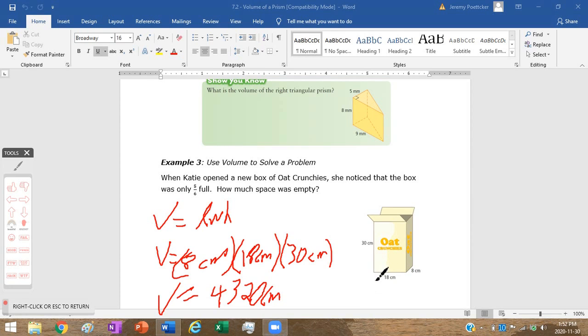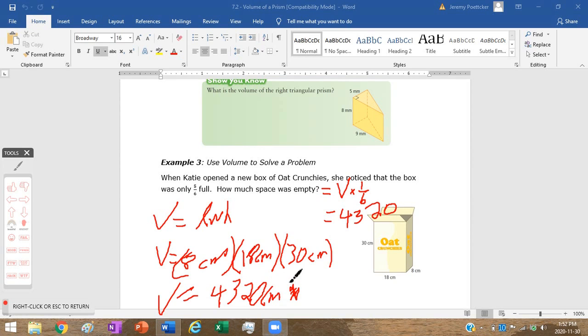But what we need to do is actually find out what 1/6 of that is. Thinking back to fractions, 1/6 of that is going to be multiplied by, oops, sorry, empty equals the volume times 1/6. So the empty is going to be this number here, 4,320.